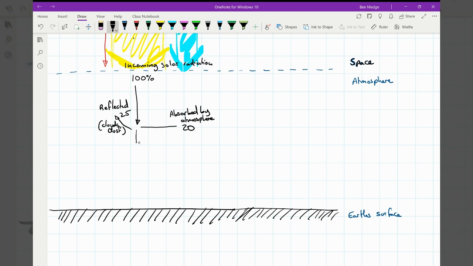And we have another 5% of it reflected by the Earth's surface, the Earth surface albedo. So this is how reflective the Earth's surface is. That's 5. So in total, 30% is reflected solar radiation.